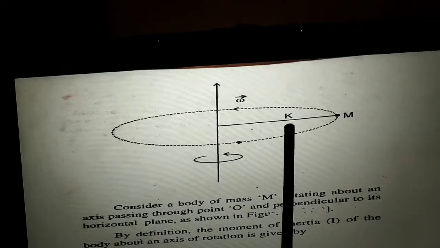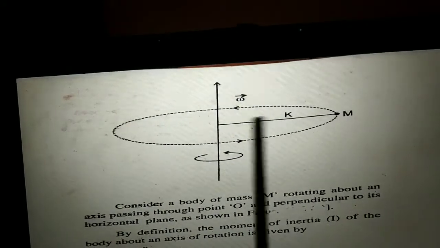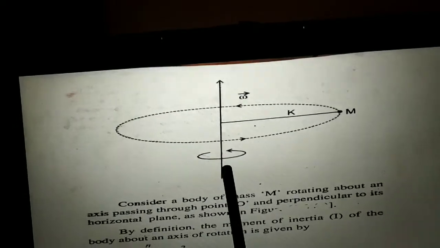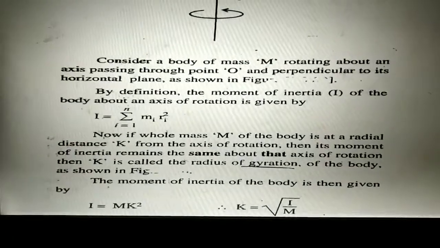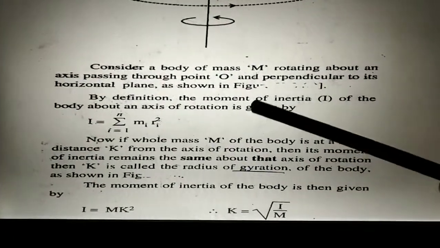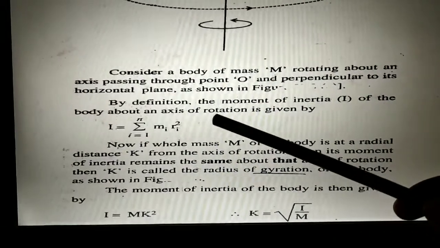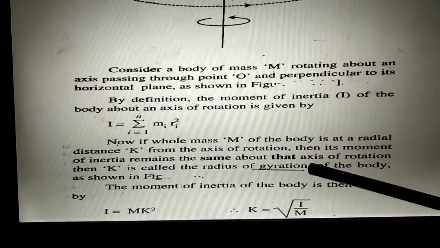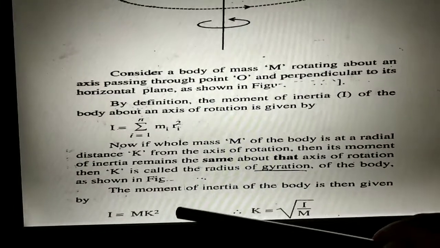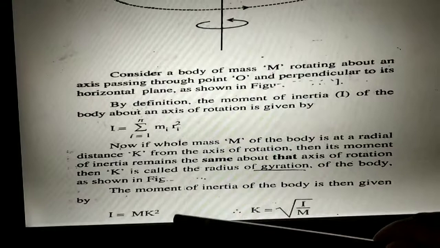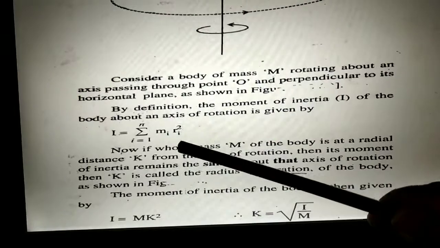So what does it mean? It means that the radius of gyration shows us the distribution of mass about the axis of rotation. Now to define its formula, let us see what we have to consider. By definition of moment of inertia, I is the summation from i equals 1 to n of m_i r_i squared. Now the radius of gyration is given by I equals M K squared.